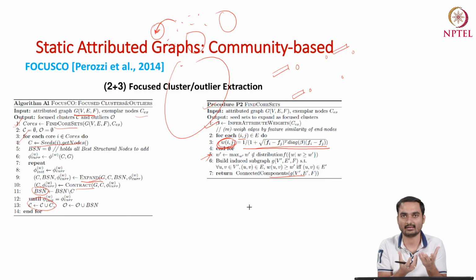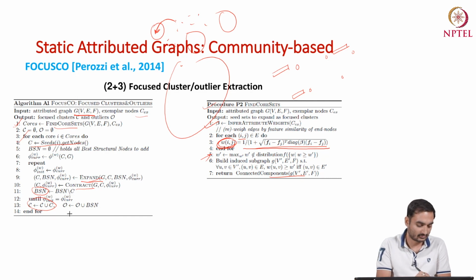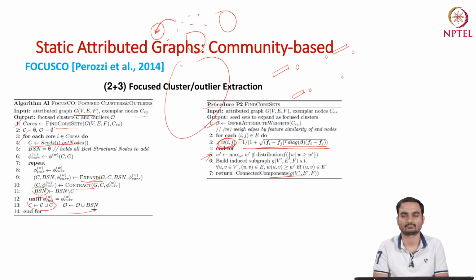We keep on expanding the cores through expansion and contraction operations, and through this process we are left with some nodes which are structurally similar but attribute wise different. Those nodes are called outliers. So, this is FocusCO.